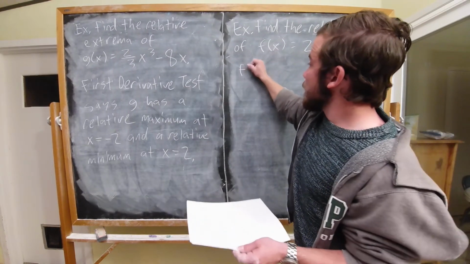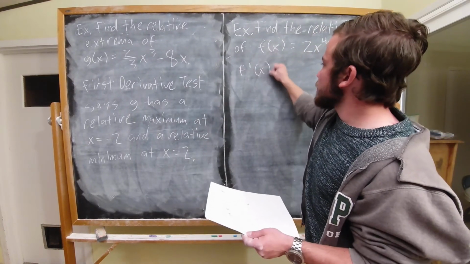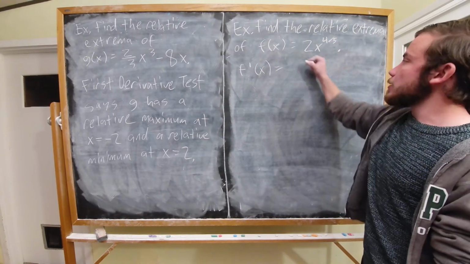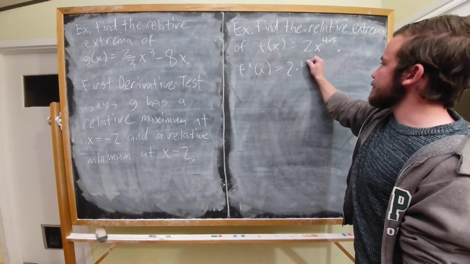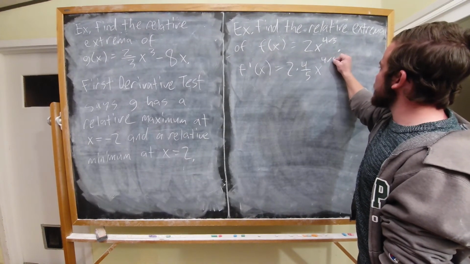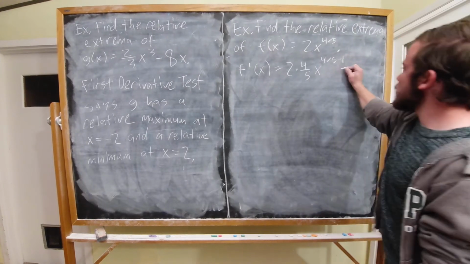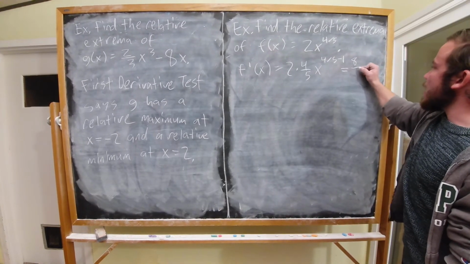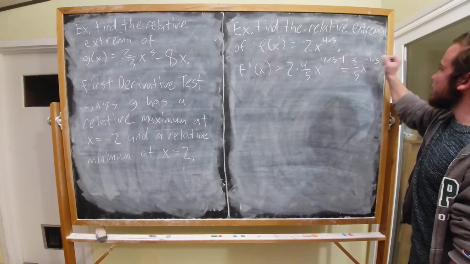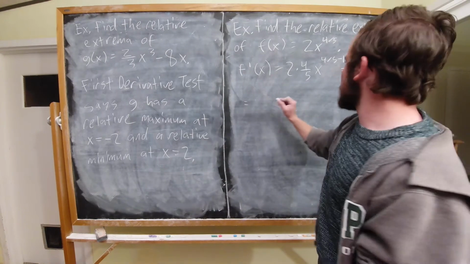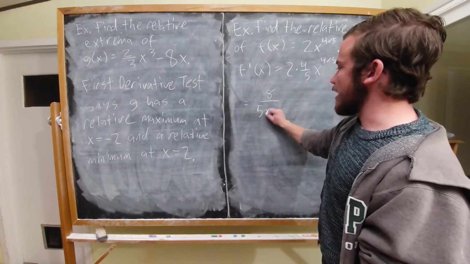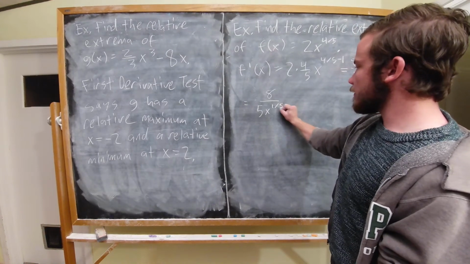Well, take a derivative. f prime of x by the scalar multiple rule and the power rule would be 2 times 4/5 times x to the 4/5 minus 1, which would be 8/5 x to the negative 1/5. Or in other words, 8 divided by 5x to the 1/5.